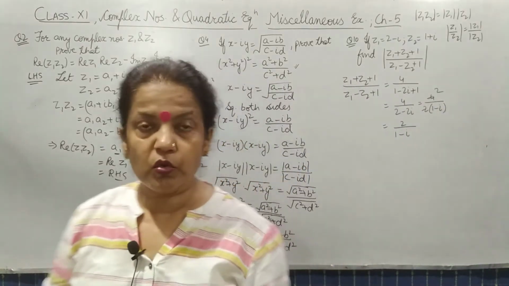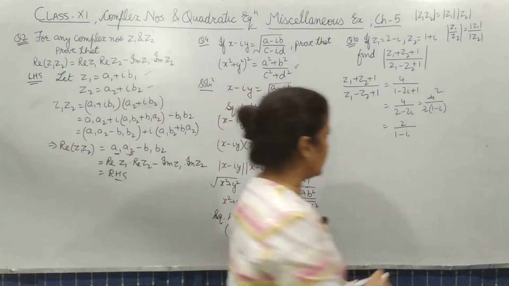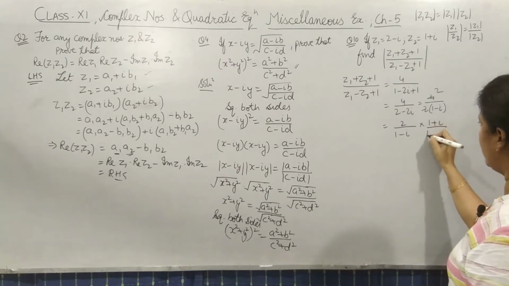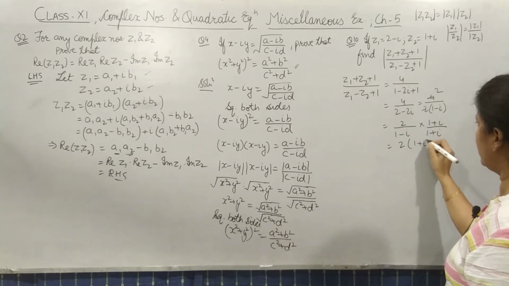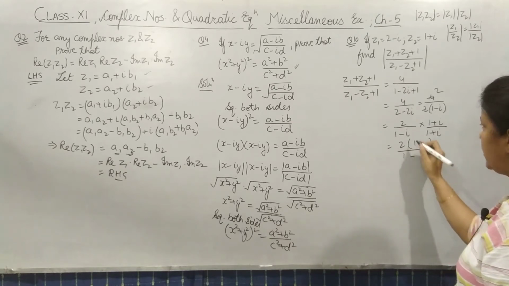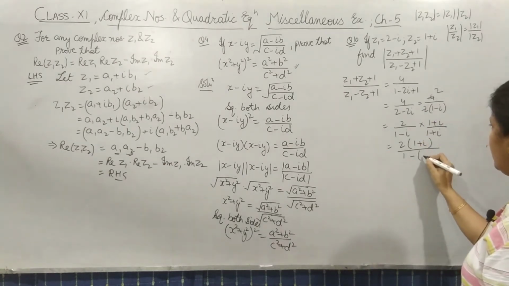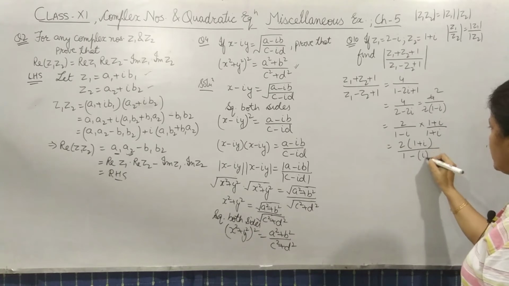To do it further, since it is not in the proper complex form, what we will do is multiply by 1 plus iota on both sides. So it will come as 2, 1 plus iota upon 1 minus iota, 1 plus iota. a plus b, a minus b is a square minus b square, so 1 square minus iota square.